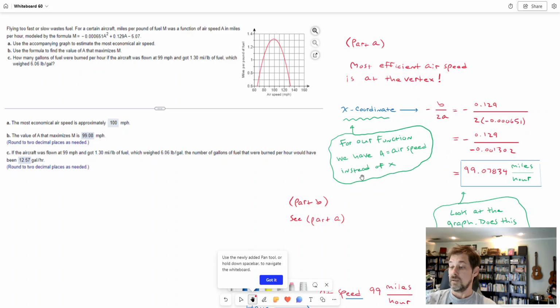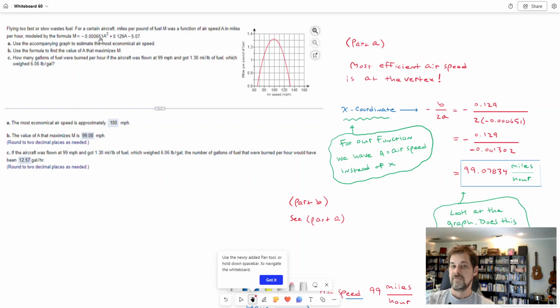We could also calculate that vertex directly. I can see it on the graph. I mean, I can roughly tell where it is, but it would be way more precise to calculate it. So do you remember how we figure out where the vertex is? Well, we find the x-coordinate of the vertex by negative b over 2a, okay?